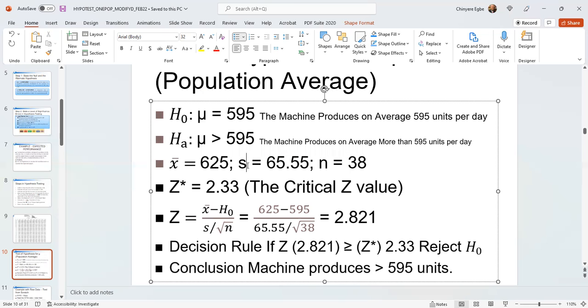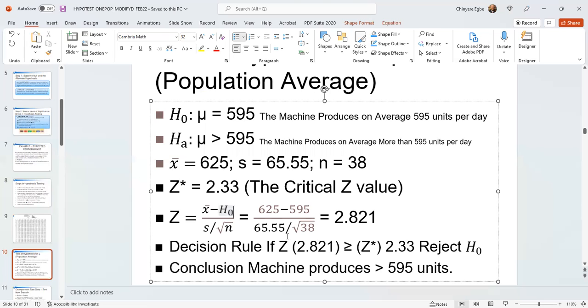You state your sample standard deviation, you know your sample size, your critical Z is 2.33, and then your calculated Z is 2.821, which is based on a calculation of X bar, which is your sample, minus your null hypothesis, which is 595, divided by the standard deviation S over the square root of n, okay?